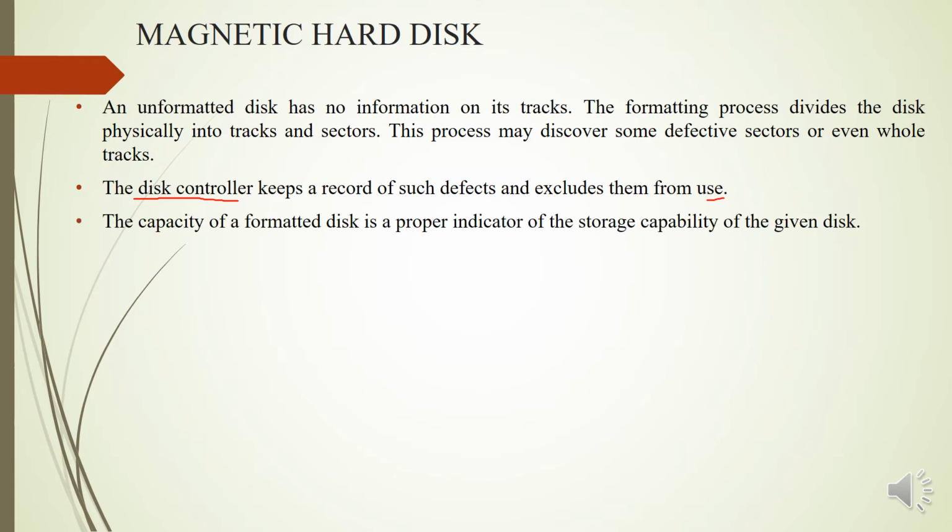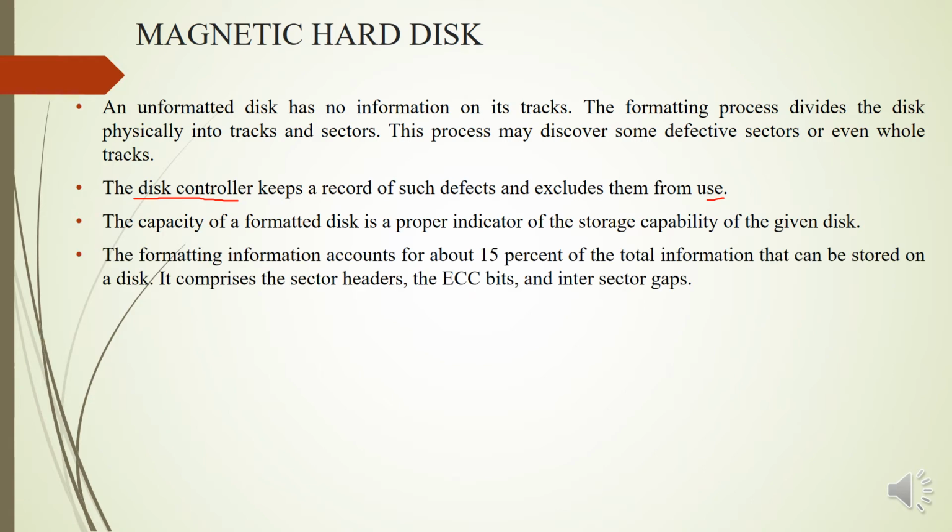The capacity of a formatted disk is a proper indicator of the storage capability of a given disk. The formatting information accounts for about 15% of the total information that can be stored on the disk. It comprises the sector headers, the ECC bits, and inter-sector gaps.